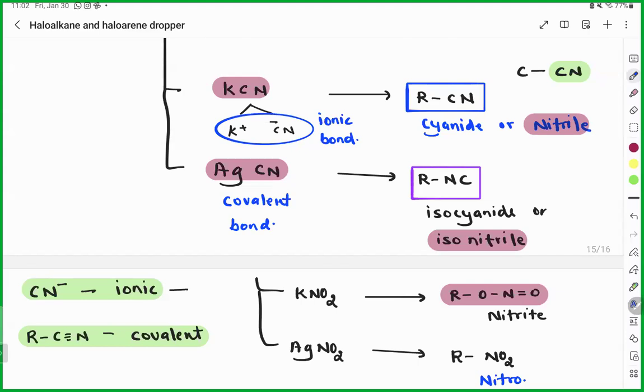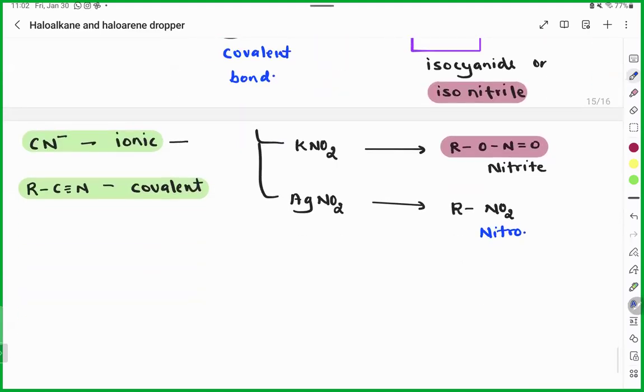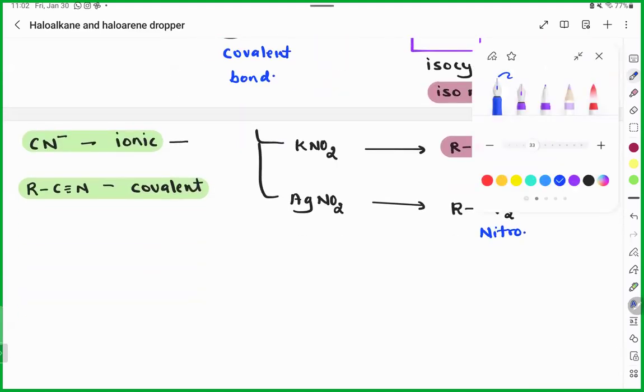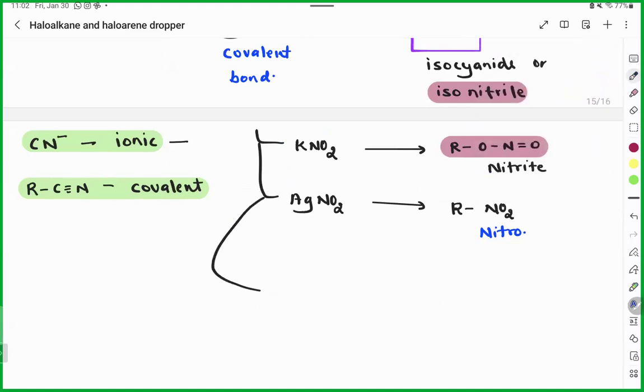Other things will be easy except lithium aluminum hydride. Jordan, if you take lithium aluminum hydride, what should be the product? Jordan, what will be the answer in this case?